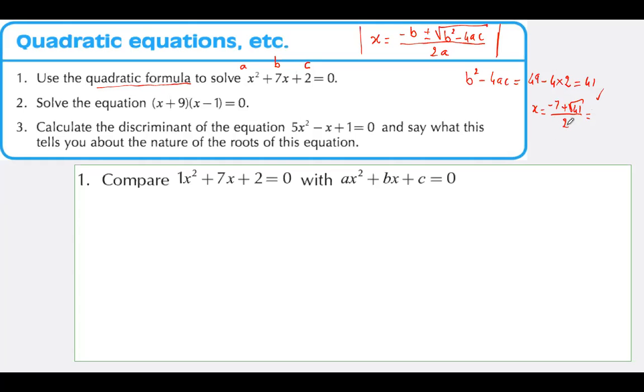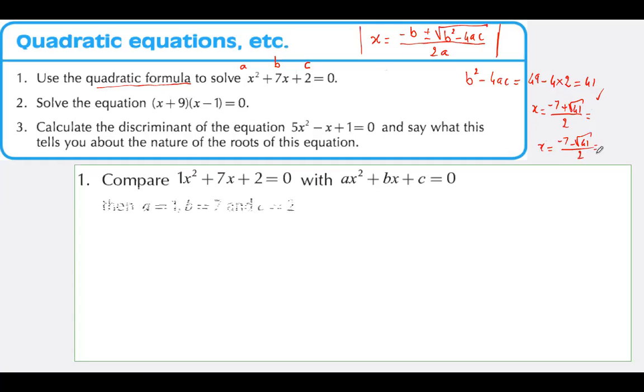If you type that, you get a value. If you want to give 3 significant figures, or if you want to say, I'm just going to give it to 2 decimal places, it's up to you. 2.41. And then the other one is minus 7 minus root 41 divided by 2.